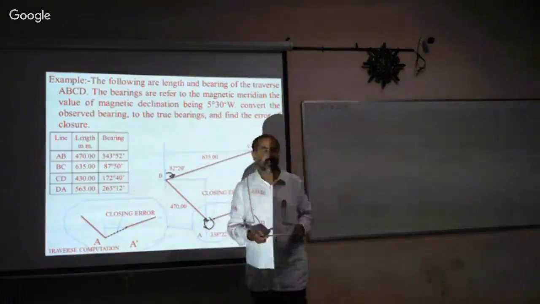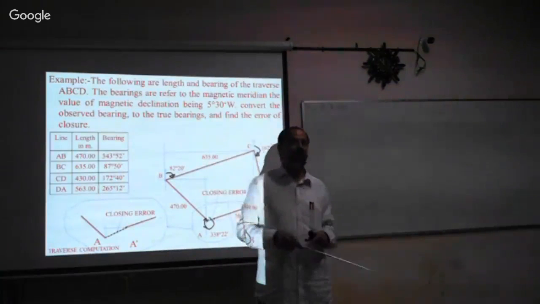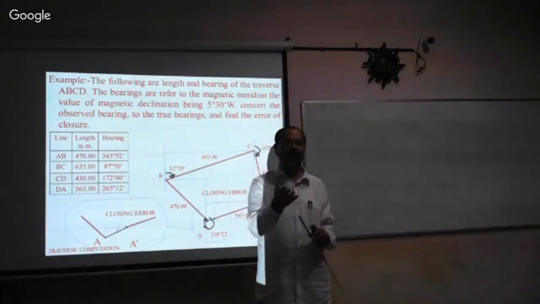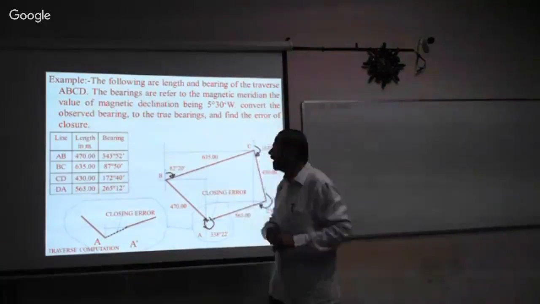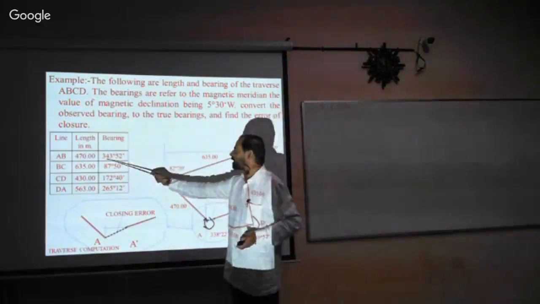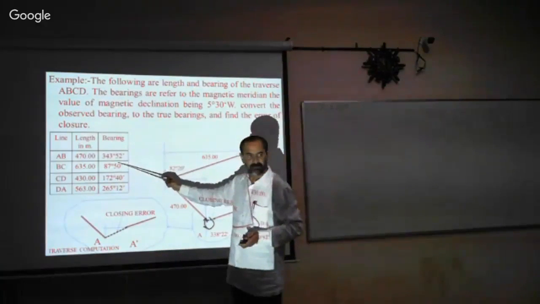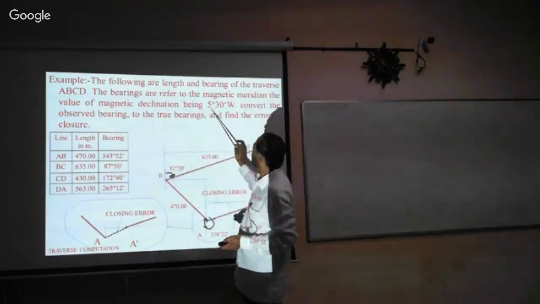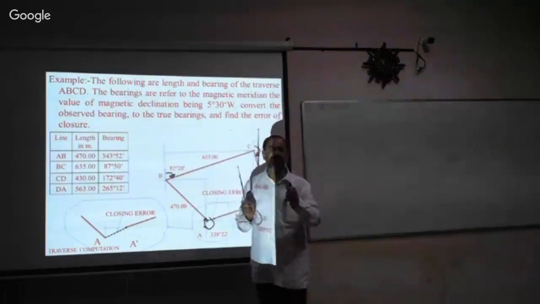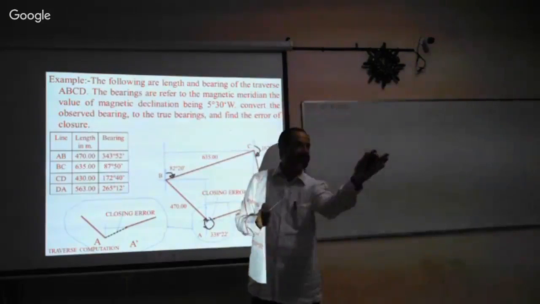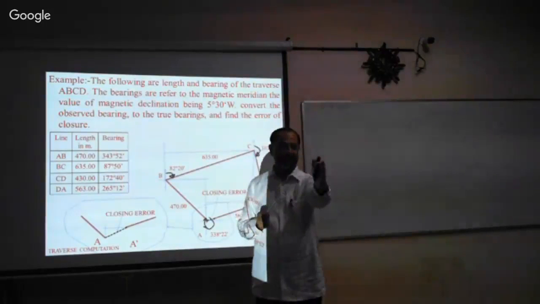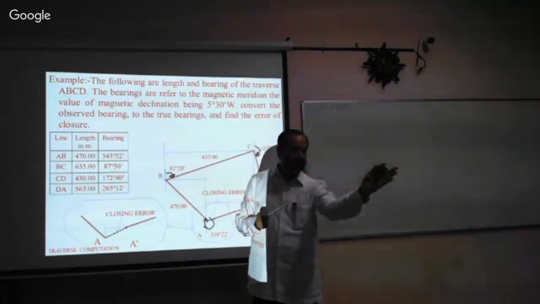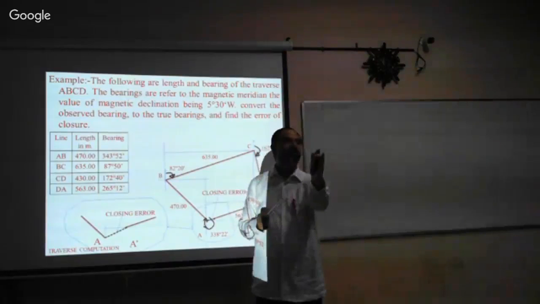The observed bearing is 343 degrees 52 minutes, but the true bearing is this minus 5 degrees 30 minutes, because the compass needle is lying in this direction, not in the right path. It gives more. It is called magnetic declination.